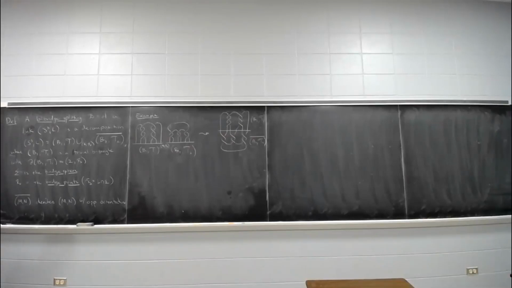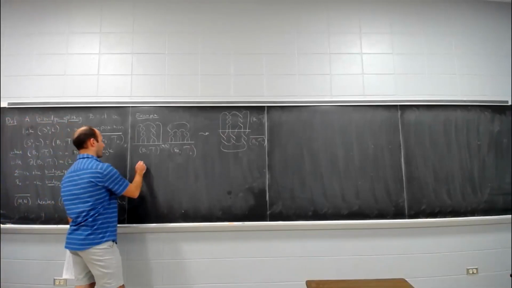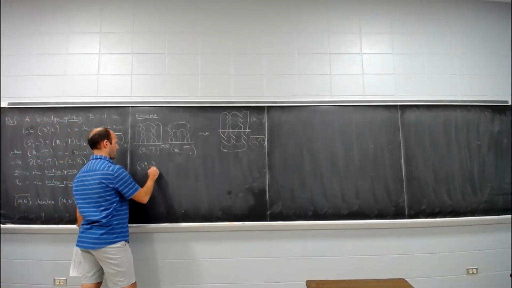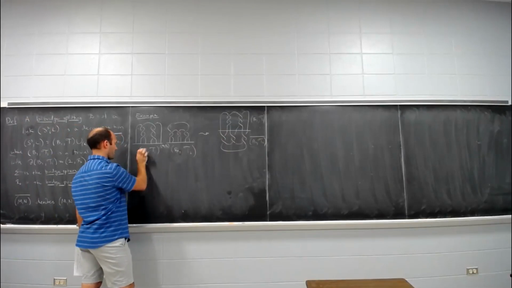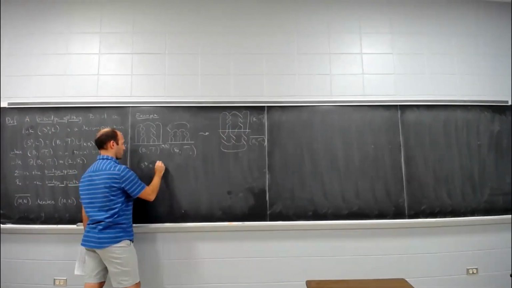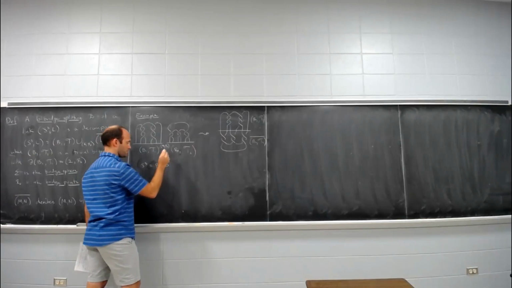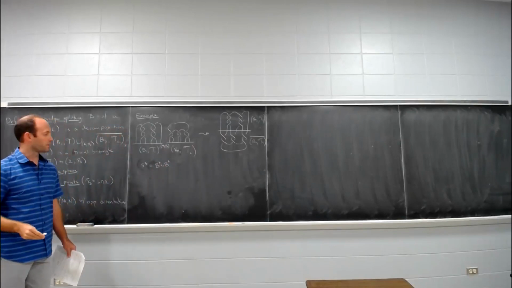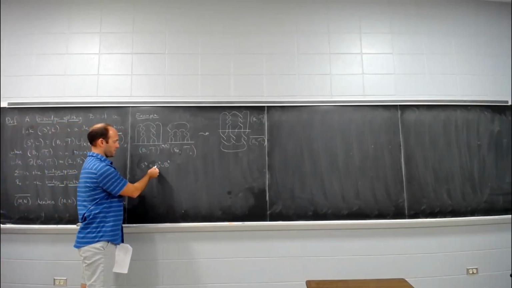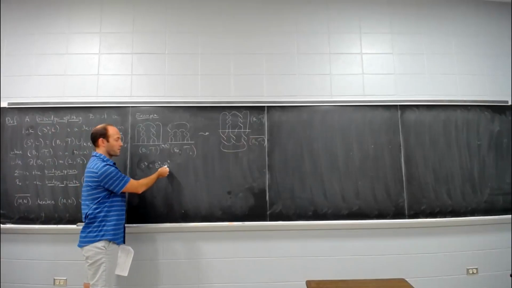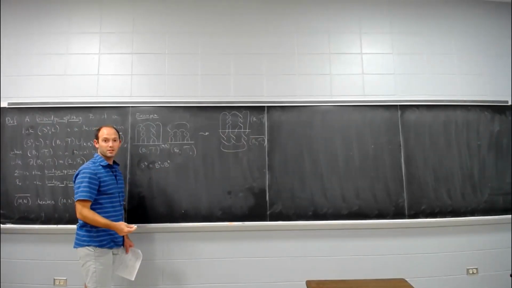Yeah, I guess it is built into it, because when we think of S3, or we think of S3 as the union of two 3-balls, we're really thinking of one of these as being the standard 3-ball and one of them being the 3-ball with the opposite orientation.